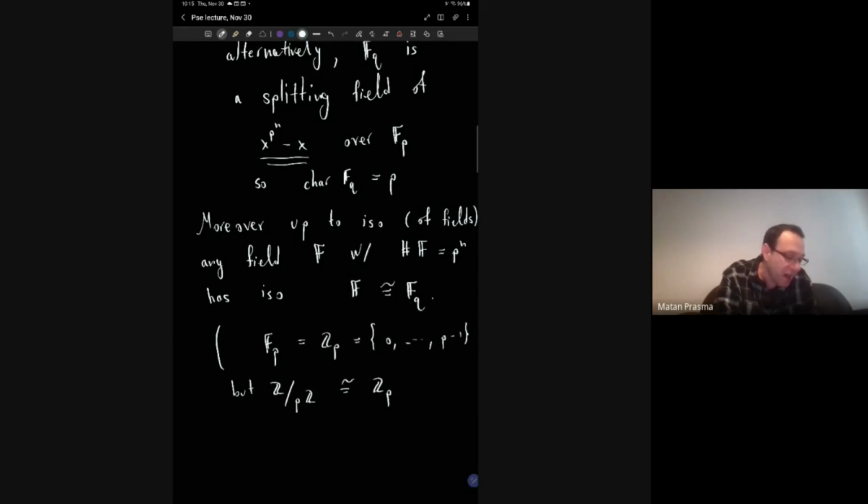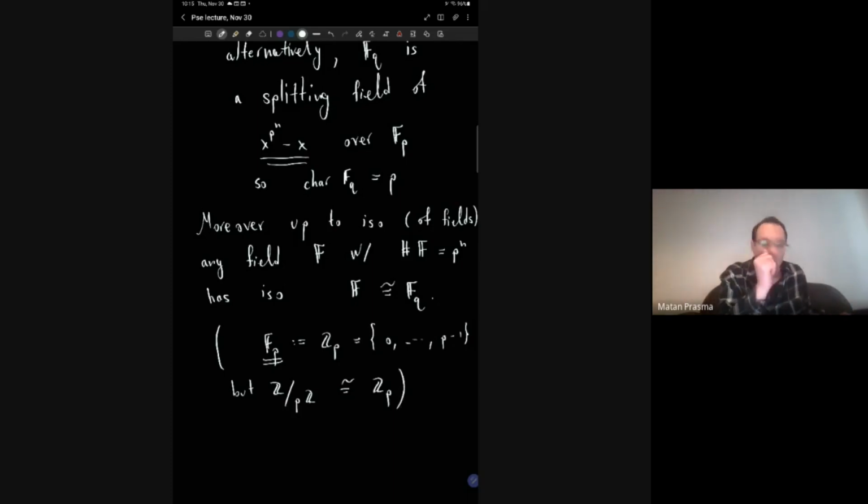So I could define F_p to be Z modulo pZ. And it is isomorphic, but again, to be clear on what we mean at the point set level, we fix one construction as the one we call F_p.